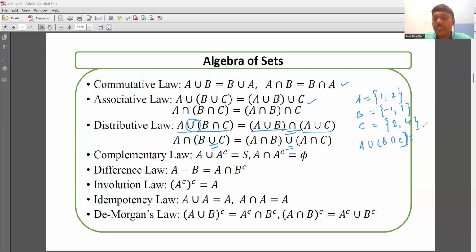Let me just change this set. Suppose I take C as {2, -1}. Okay, so A union (B intersection C): A is {1, 2}, and B intersection C is equal to {-1}. So this will be equal to {-1}.